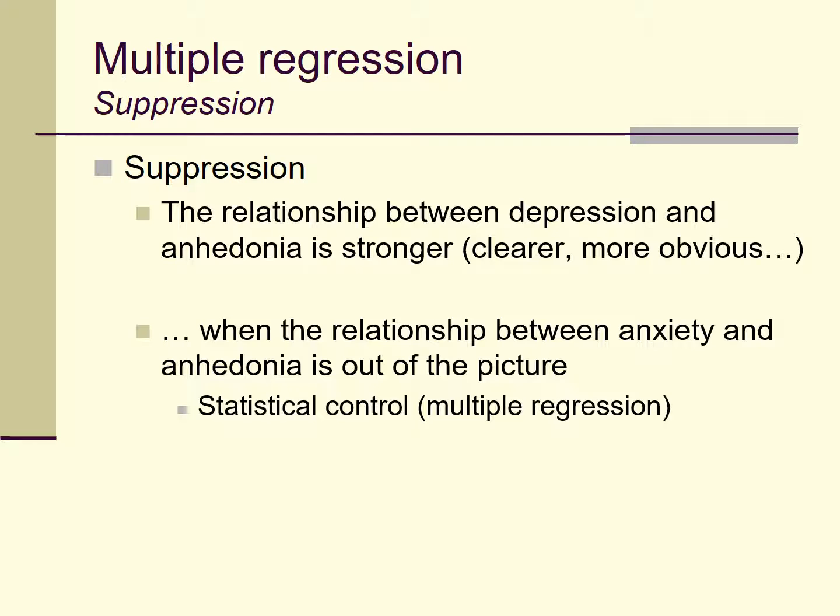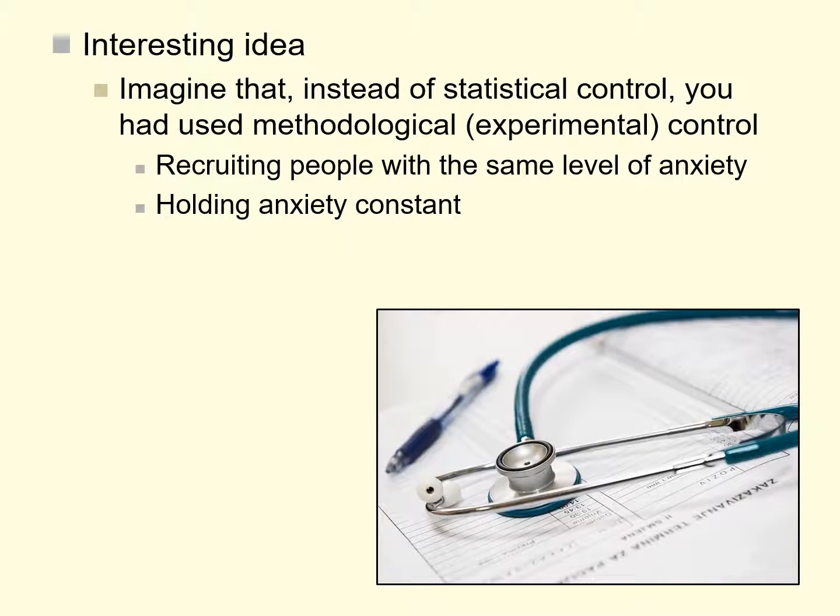Now, just for a moment, consider another interesting possibility. Imagine that instead of using statistical control with multiple regression, we'd instead try to use something like methodological or experimental control. Let's imagine that we'd recruited people who all had the same level of anxiety in our study.